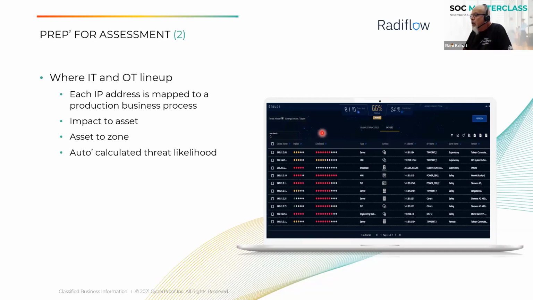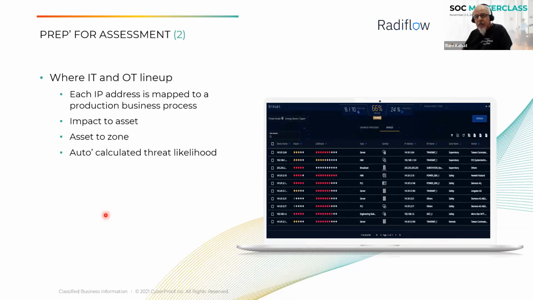So client input is impact, client input is the division into zones and so on and so forth. The system does give a recommendation out of the box, but then again, there's always fine-tuning that has to be done. Once this has been done, then you're on your way to compliance and to doing risk assessments.